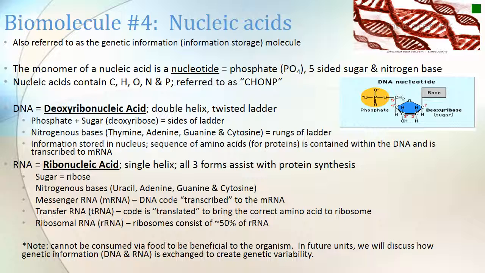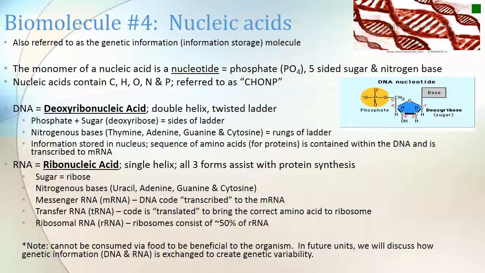The sequence of the amino acids for your proteins, that code, is contained within your DNA. And it is very important for a process we'll go into with protein synthesis in the near future.